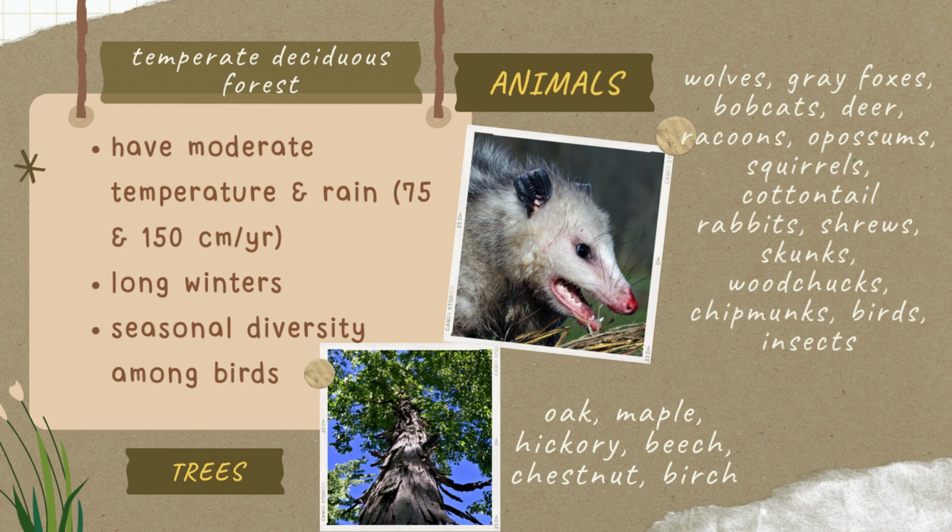Okay, so with animals and trees, these are just some examples of those that can be found here. So we have wolves, gray foxes, bobcats, deer, raccoons, opossums, squirrels, cottontail rabbits, shrews, skunks, woodchucks, chipmunks, birds, and insects. We also have oak, maple, hickory, beech trees, and chestnut and birch.